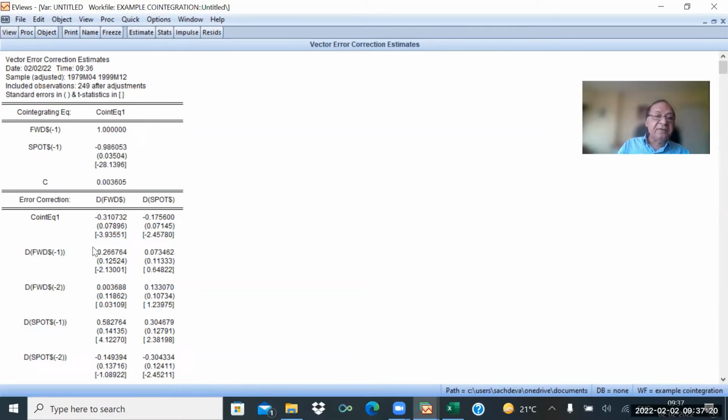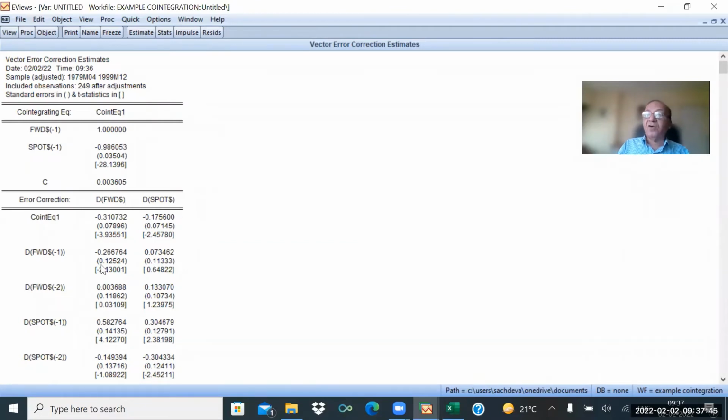Now the T-stat for this is given as minus 3.93551. It means this is going to be statistically significant, because this value is less than minus 1.96, the 5% significance level. It means there is a cointegration, 1 cointegration.